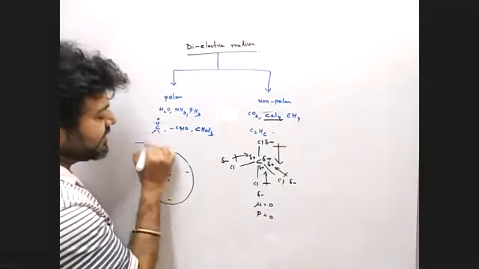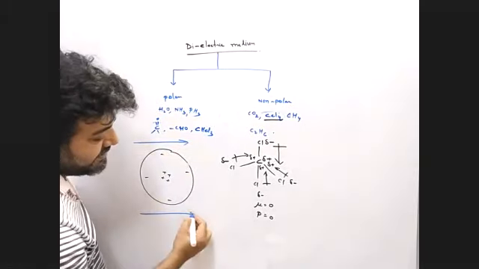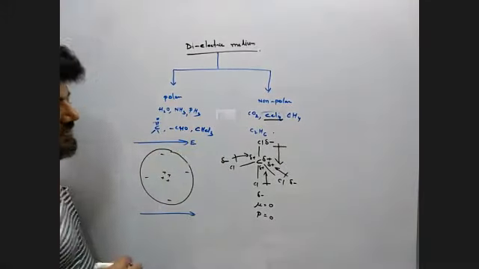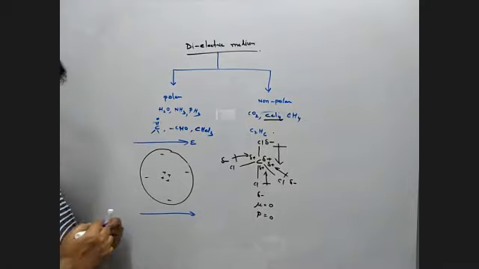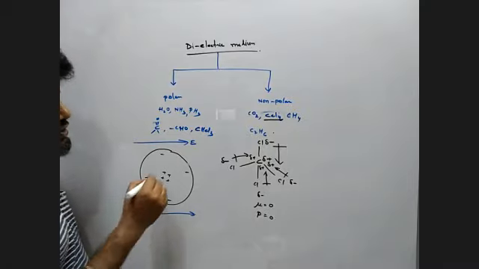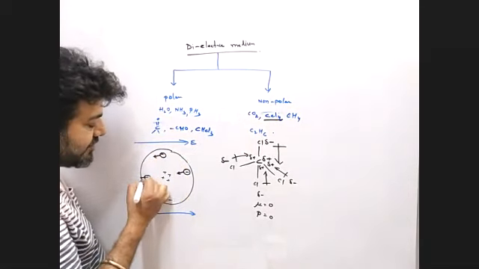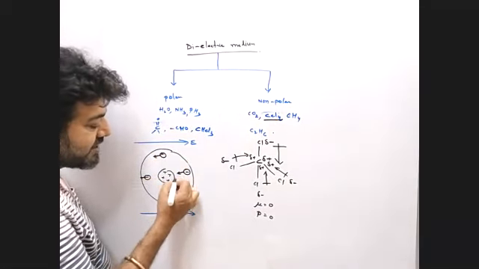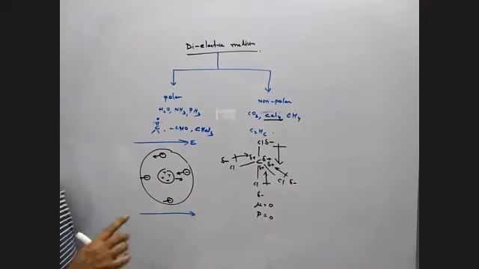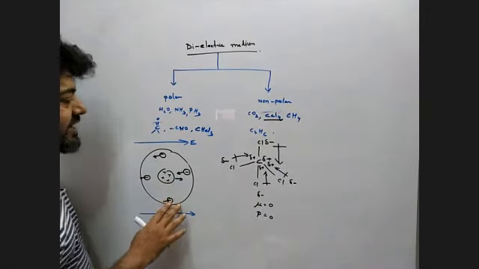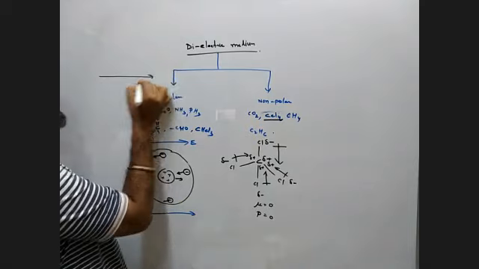Now see what happened. If we introduce it in presence of external electric field, negative charges are moved in the opposite direction. We know this. And positive charges move in the same direction of electric field. So what happened?